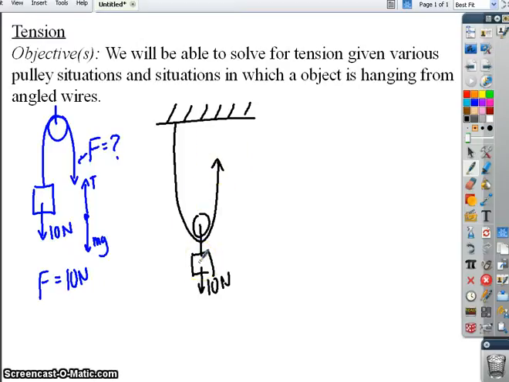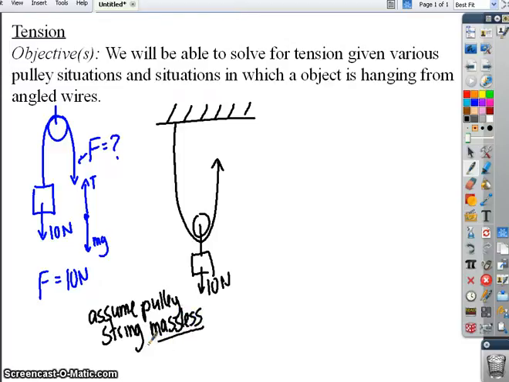And just for general reference, for all these problems, just assume the pulley and the string are massless, or have no mass. That'll make this a little bit easier.